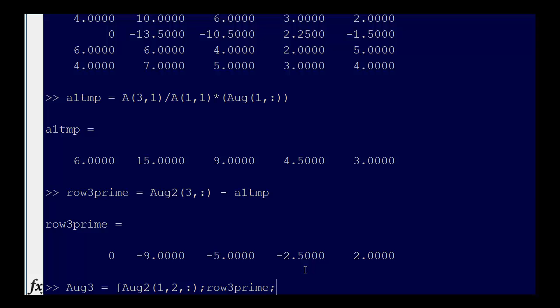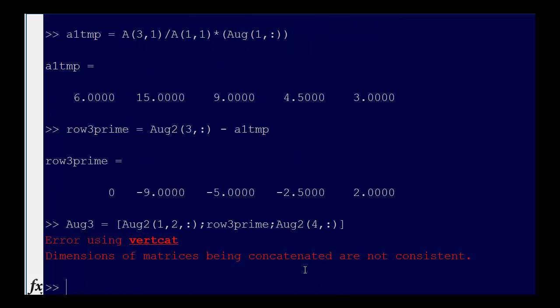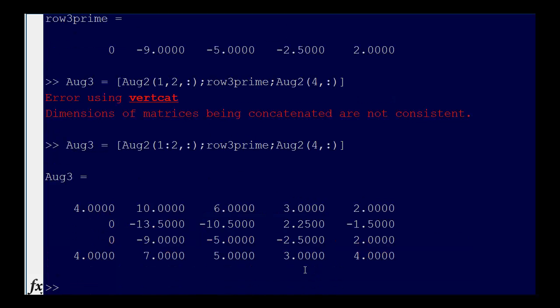And then we want the last row, so aug2, 4. There it is. We messed up somewhere. Oh yes, of course, 1, 2, 2. Okay. So exactly what we wanted.